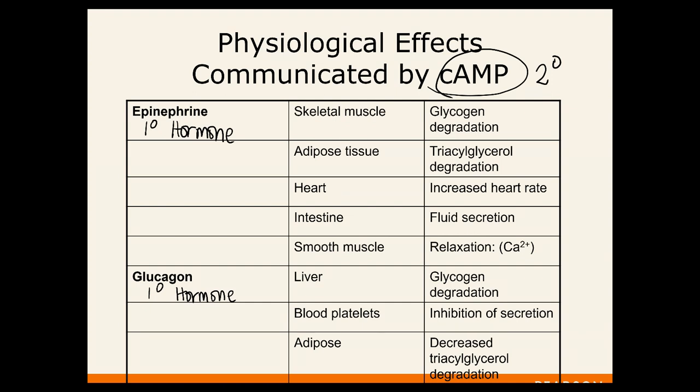We just went through the idea that in muscle cells, glucose is freed up. We also talked about in the liver, glucagon, glucose is freed up.